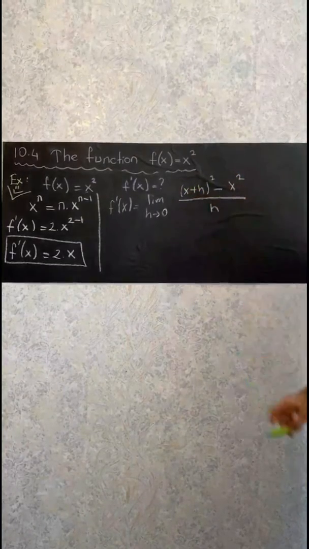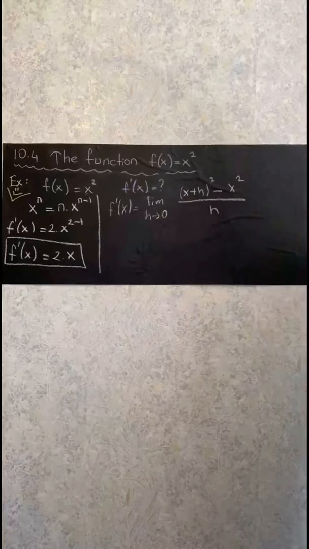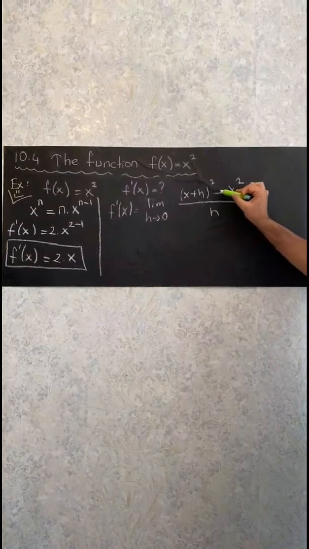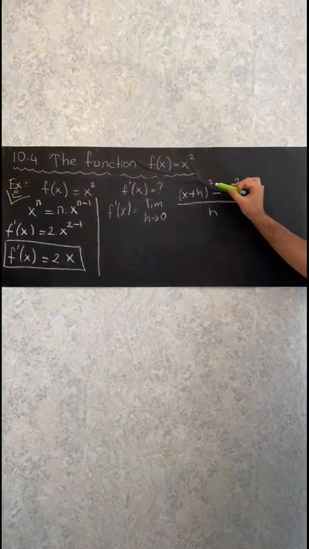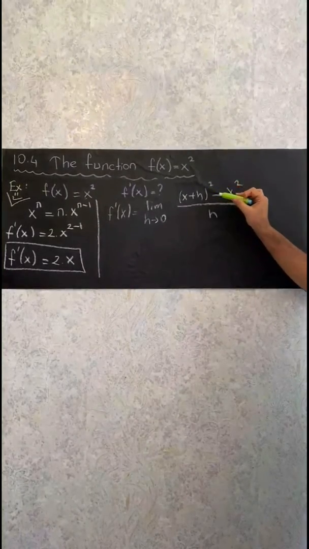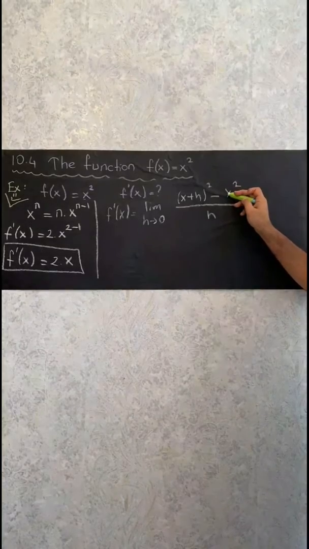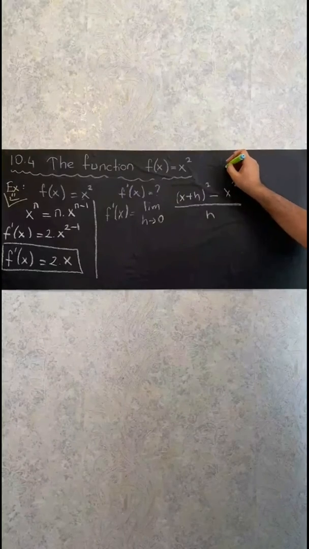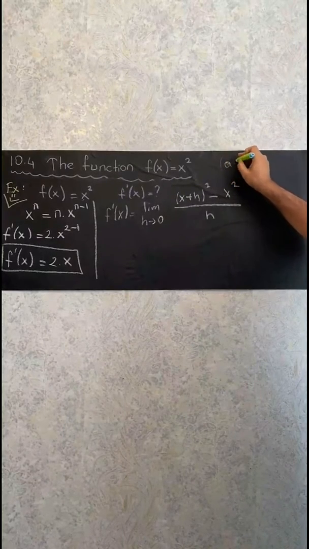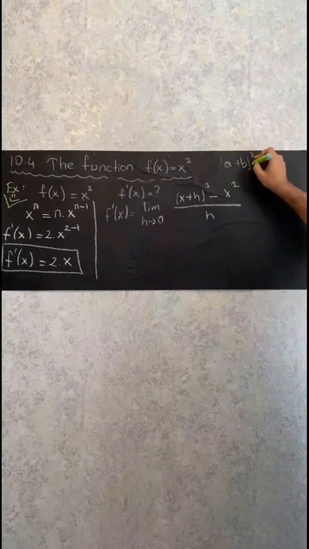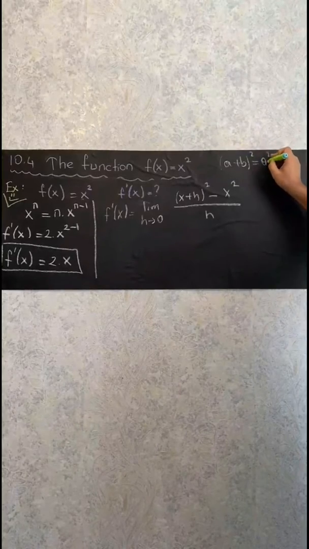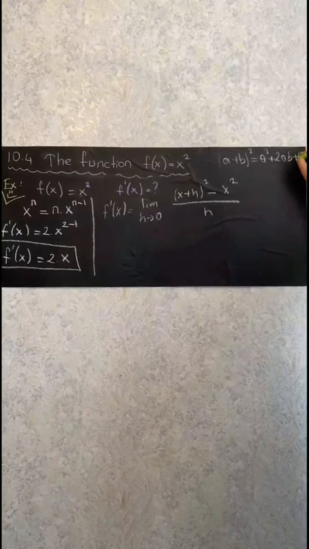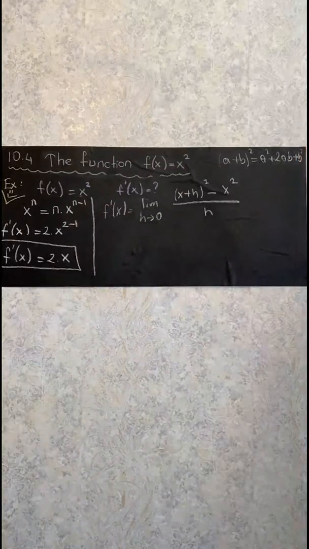x plus h squared: you can use the sum and difference rule, or another one, the a plus b square rule. First number squared plus 2 times first number times second number plus second number squared.